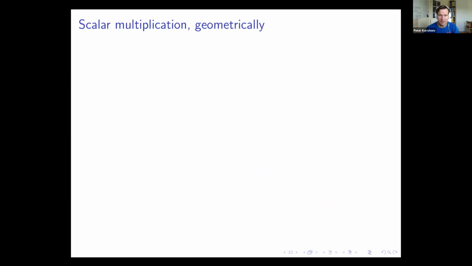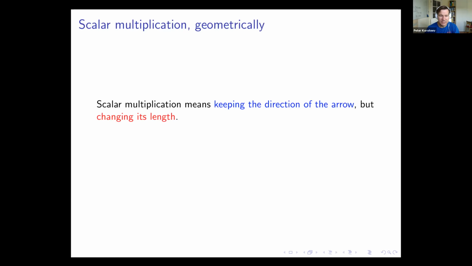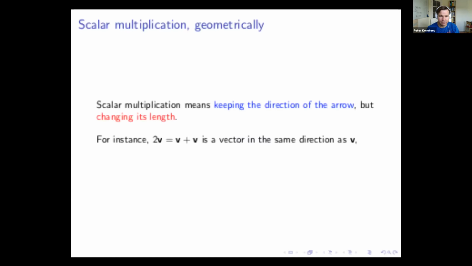What's scalar multiplication geometrically? As the name suggests, it scales the vector by some factor. So we keep the direction of the arrow, but we change its length. For instance, 2v, which equals v plus v, is a vector in the same direction as v, but twice as long.